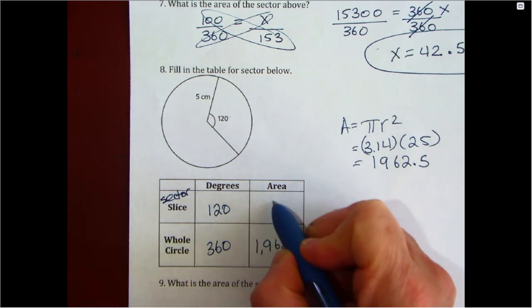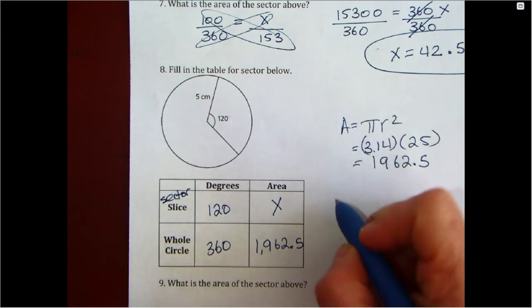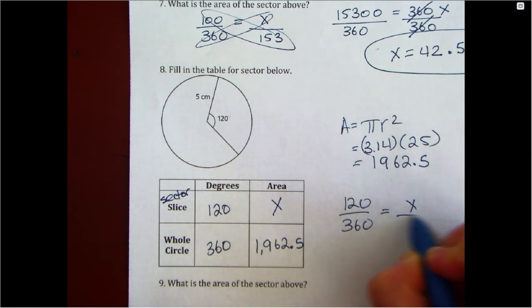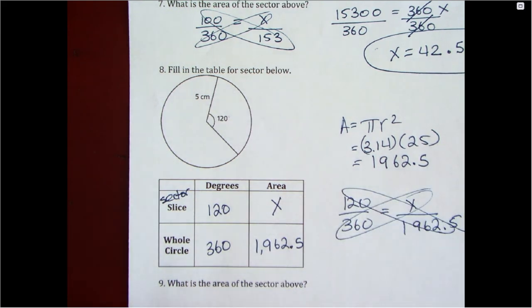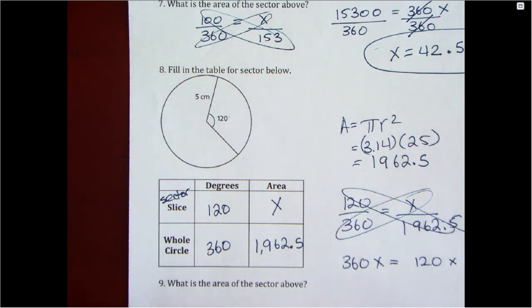in the area. We're going to call it X, and then we're going to cross multiply. We get 360x is equal to 120 multiplied by 1962.5.